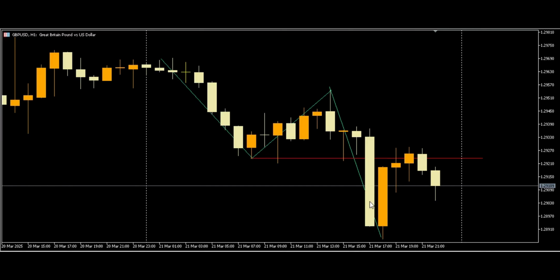So here we can technically say the order block got respected after 1, 2, 3, 4, 5 hours after displacing below that low.